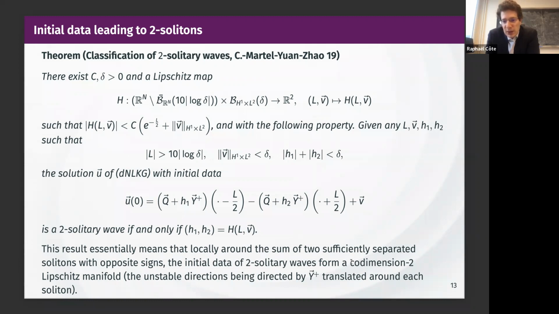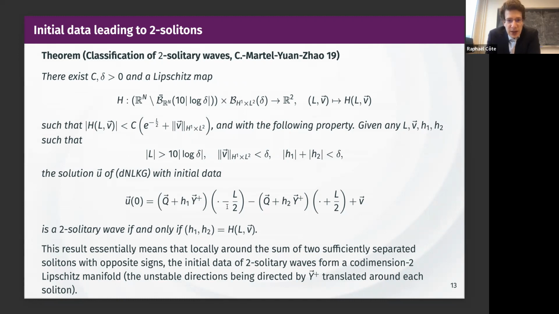It's actually a codimension 2 Lipschitz manifold. The unstable directions are given by the y plus, so the unstable direction around each soliton. Each soliton carries one instability direction.